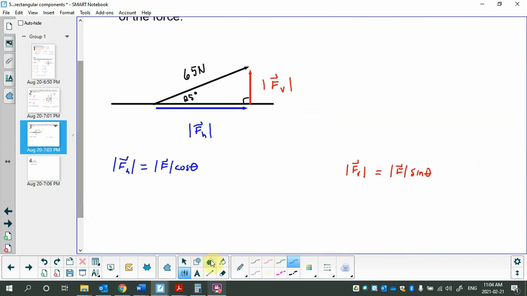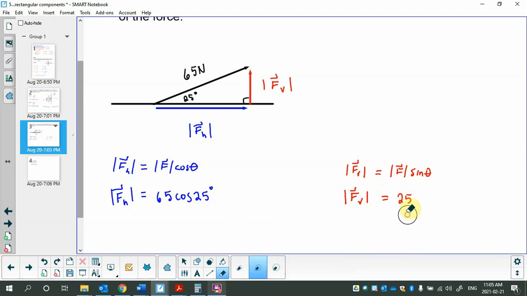And I've got my angle in the right position, so blue comes first. The horizontal force vector has a magnitude of 65 times cos 25 degrees. And the vertical component has a magnitude of 65 for the force, sine theta, the angle, 25 degrees.